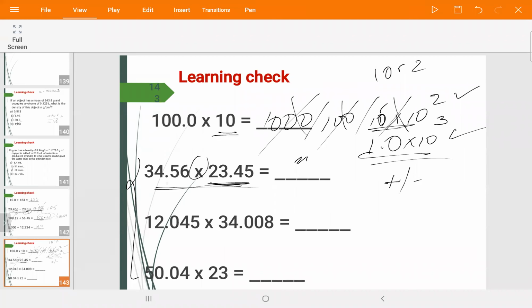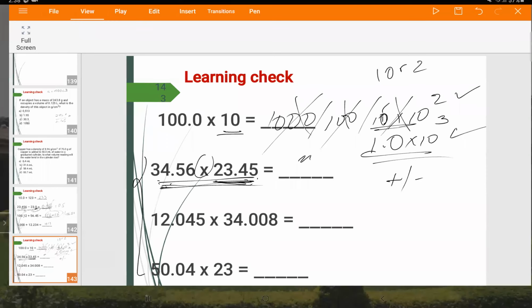So for example, if you have a question like this, because both of these have 4 significant figures, your answer should have 4 significant figures. Is it clear?